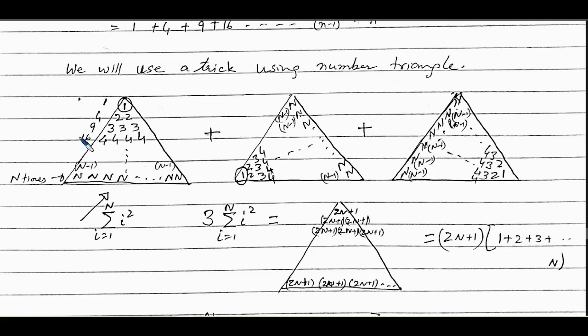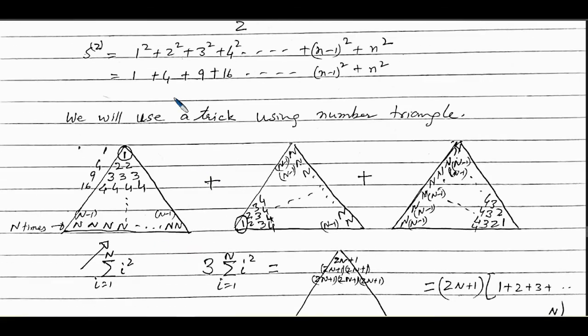Now this is the notation for summation, capital sigma. That means this is a symbol for writing 1 square plus 2 square plus 3 square plus 4 square; I write it as i square, where i goes from 1 to n.